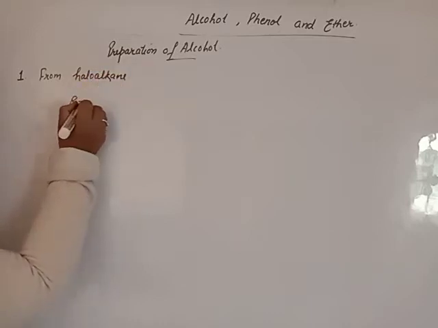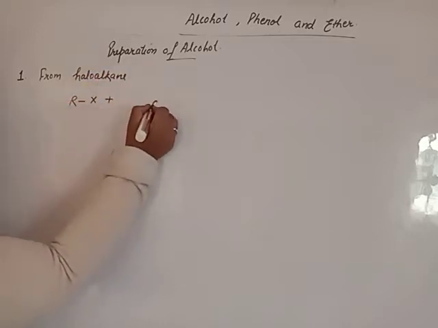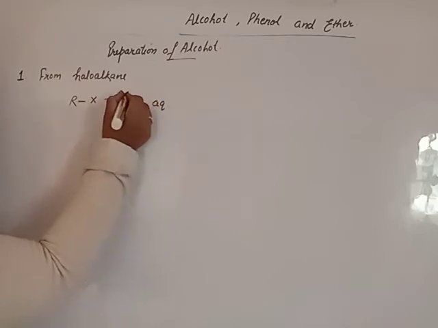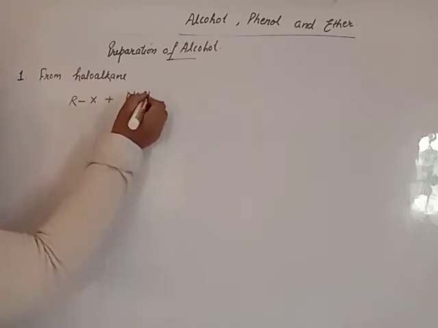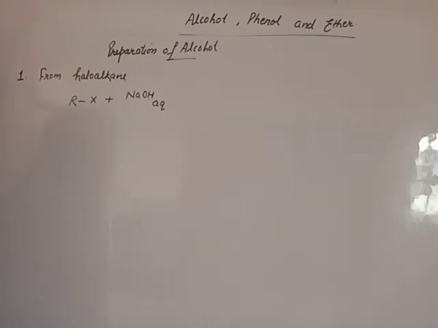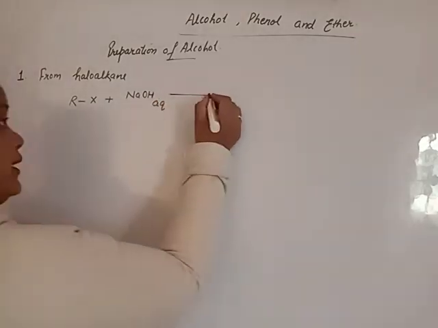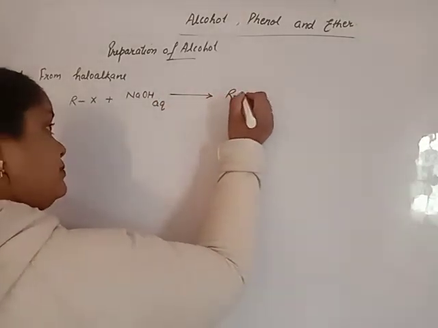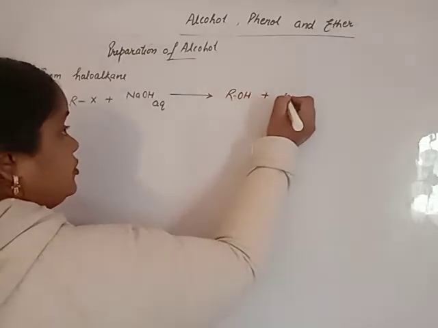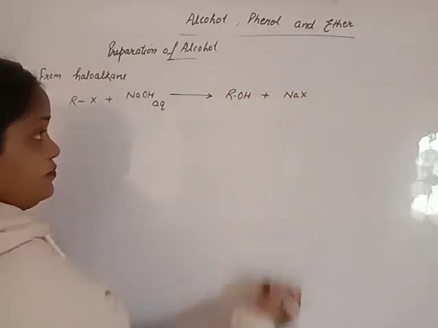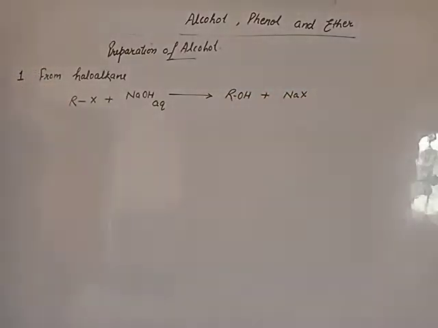When haloalkane is treated with an aqueous solution of alkali, either sodium hydroxide or potassium hydroxide, beta, we will obtain alcohol and sodium halide is removed. We get alcohol by this method from haloalkane.